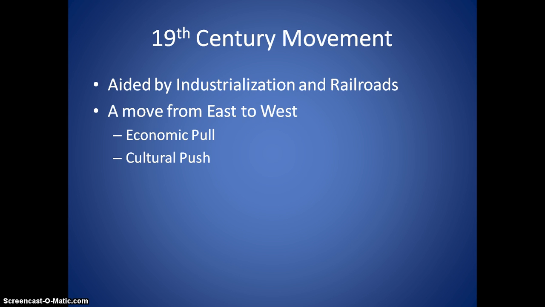But also there are certain instances of cultural push. One of the primary examples of that would be the Mormon movement from the East Coast to eventually out to Utah, because of the persecution and the unfriendliness that they find in the eastern portion of the United States.